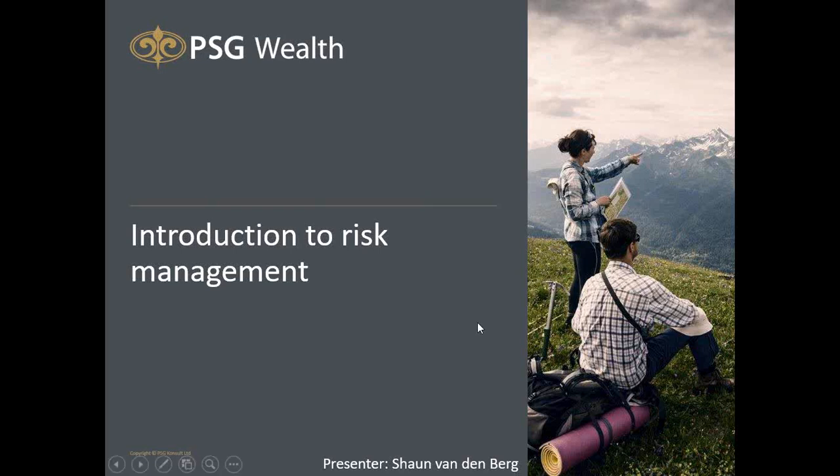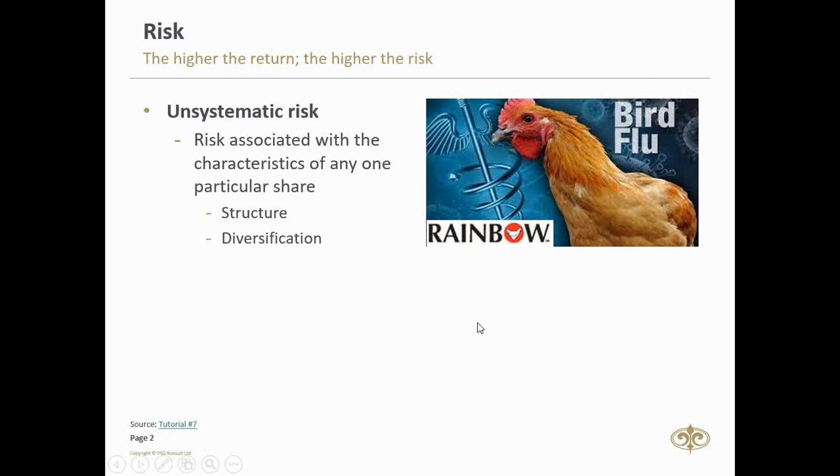On the next slide, you'll see there are two kinds of risk. Remember, the whole thing about risk is the higher the potential return, the higher the potential risk. First, we talk about unsystematic risk. This is a risk to the individual share or sector that you're involved in.